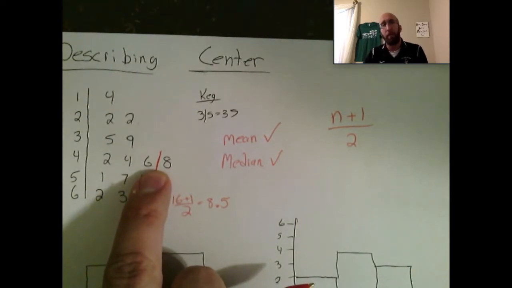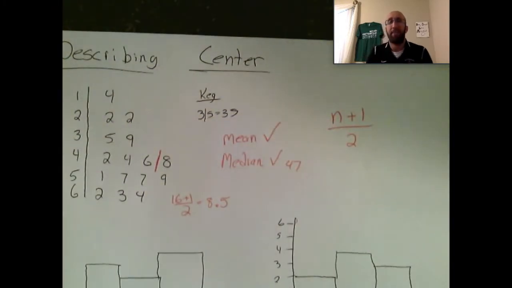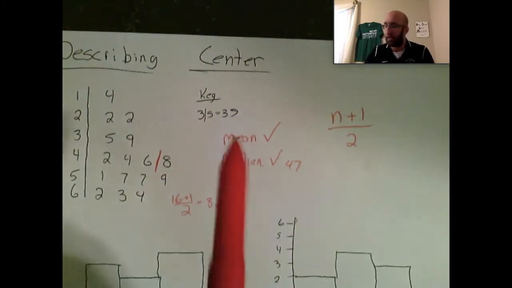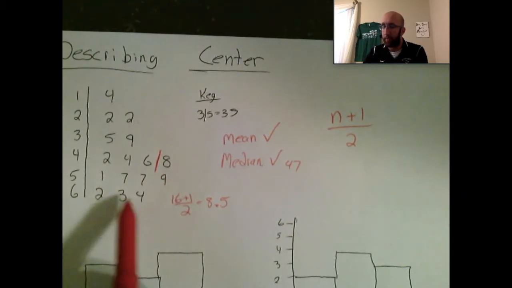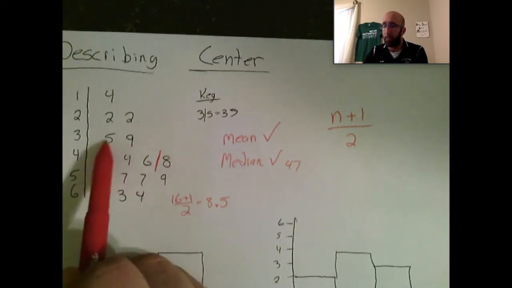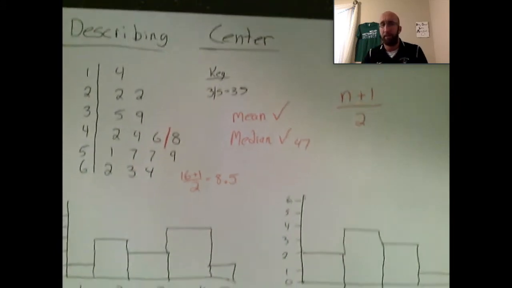Since I'm stuck between 46 and 48, I'm going to find the average of 46 and 48, which would be 47. That would be the median of this data set. You'll see that there's 8 data points above, 1, 2, 3, 4, 5, 6, 7, 8, and 8 below, 1, 2, 3, 4, 5, 6, 7, 8. The median finds an exact center. So for a stem and leaf plot, yes, you can totally find the mean and the median.